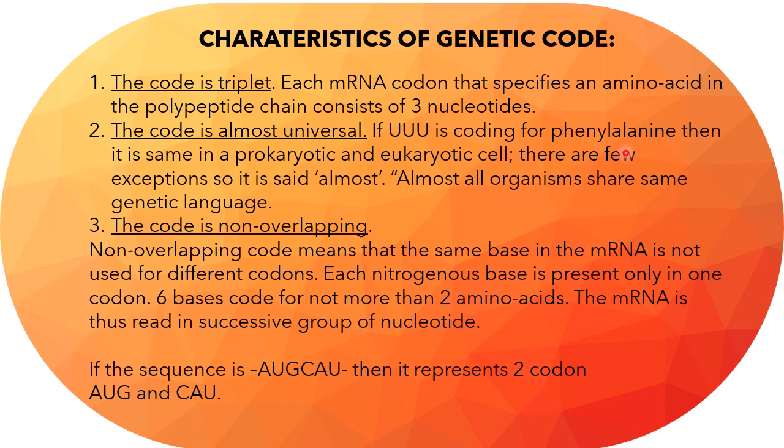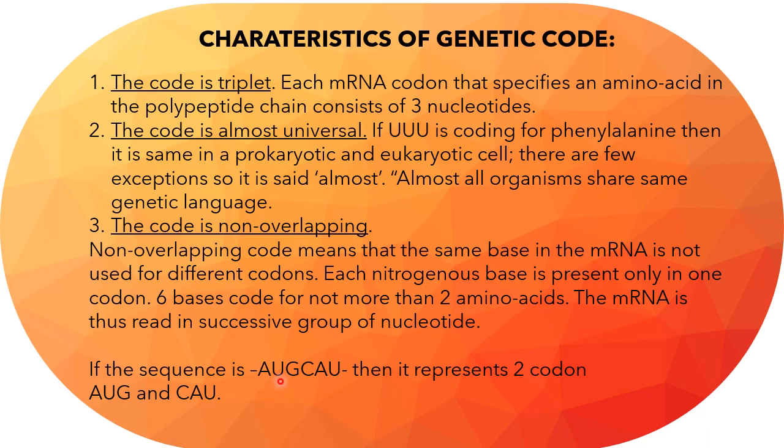Then the third is the code is non-overlapping. That means you will read it as UAUG and then CAU. You will not read it as UGC, or as GCA. Codes are not overlapping. Non-overlapping code means that the same base in the mRNA is not used for different codons.